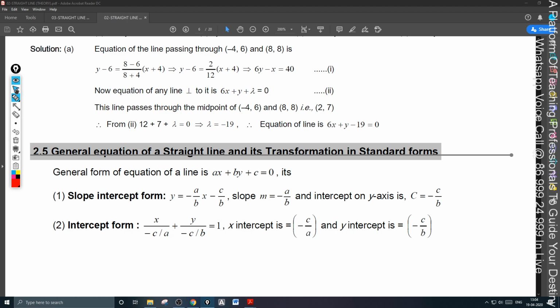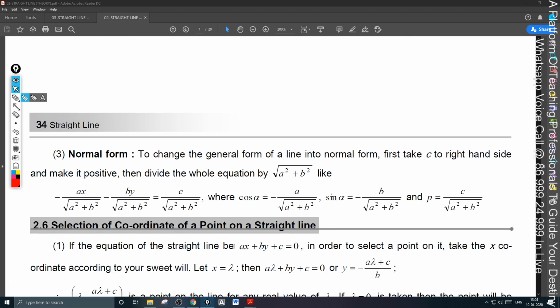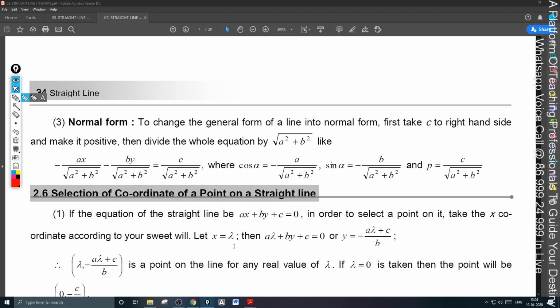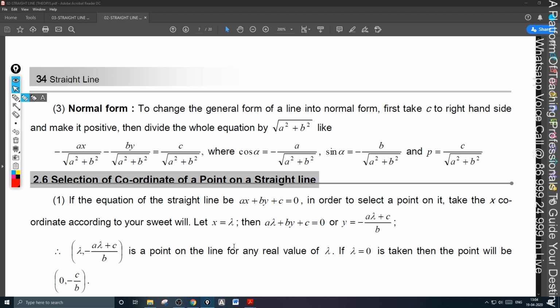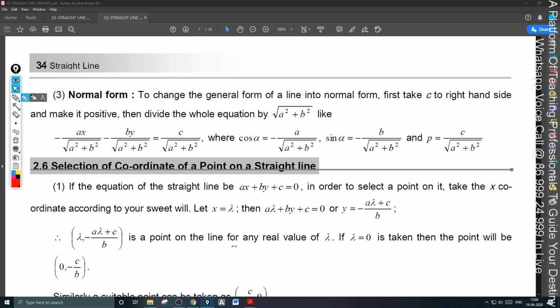Okay. Now, normal form, I explained it already. To change the general form of a line into normal form, first take c to the right hand side and make it positive.